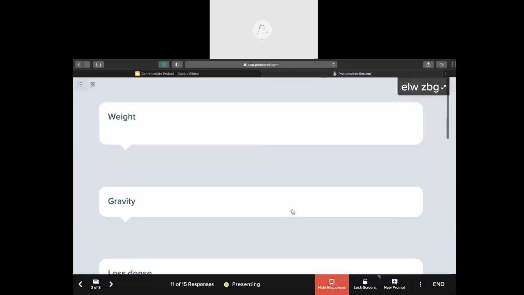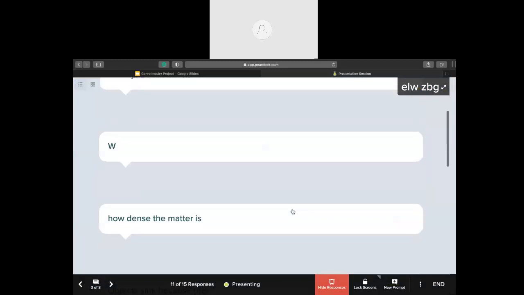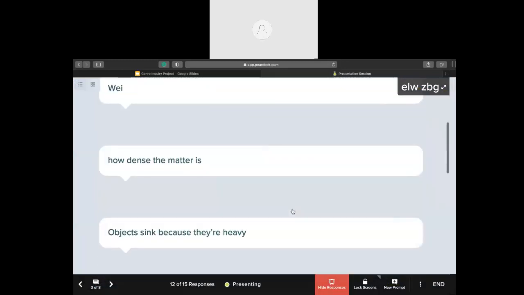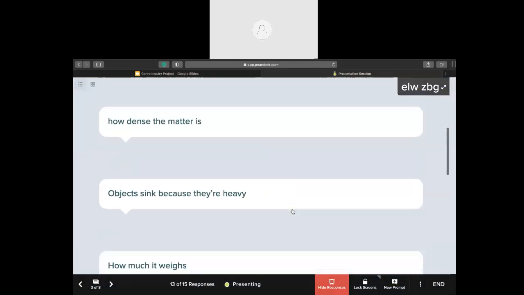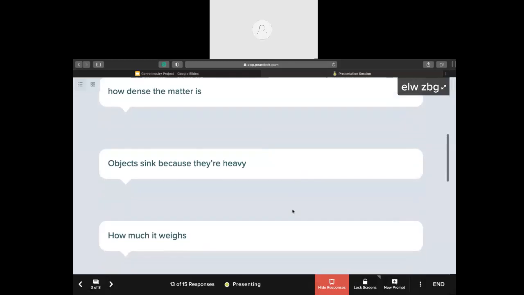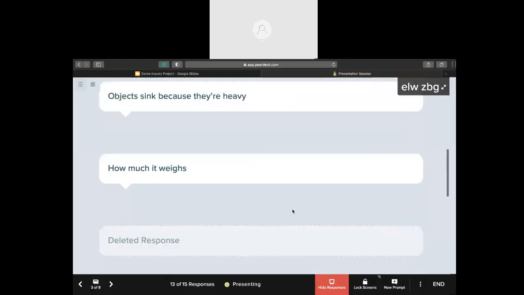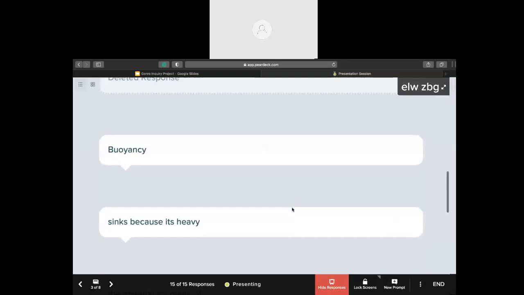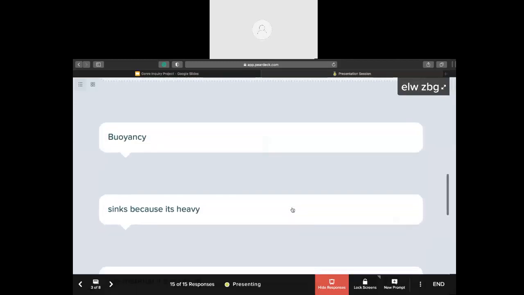Okay, so weight, gravity, how dense the water is. Objects sink because it's heavy, how much it weighs. Sinks because it's heavy.